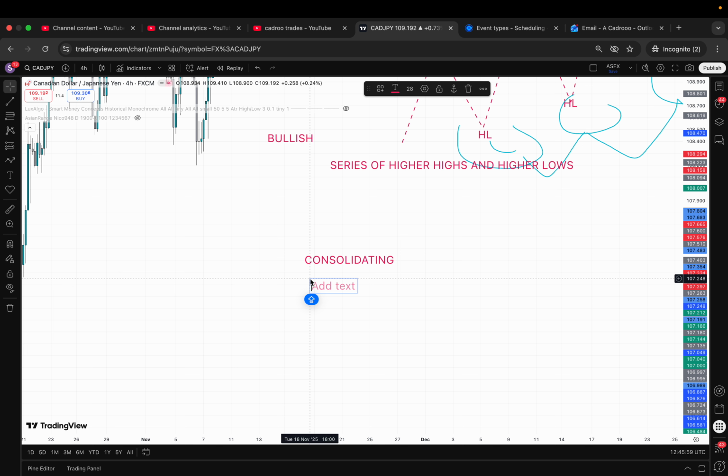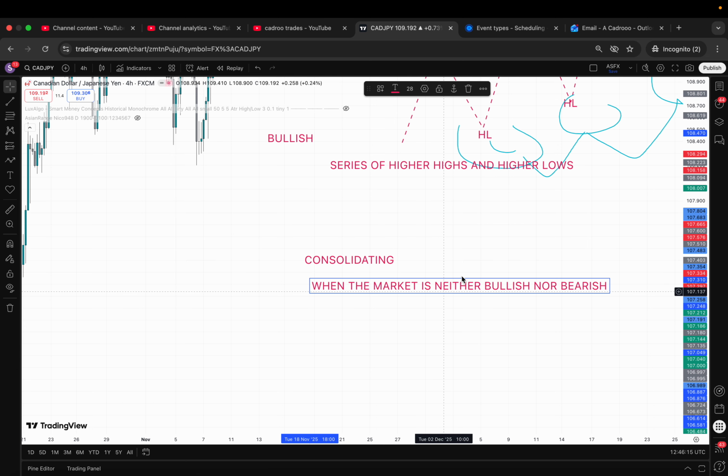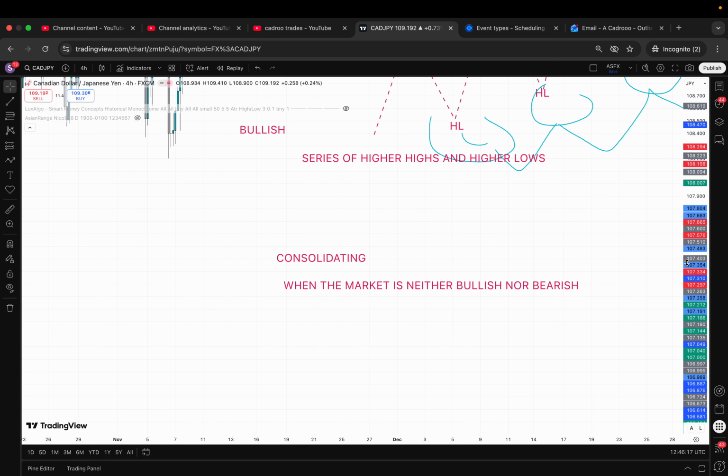So let me just write it down. This means when the market is neither bullish nor bearish. It's as simple as that. Don't overcomplicate it.